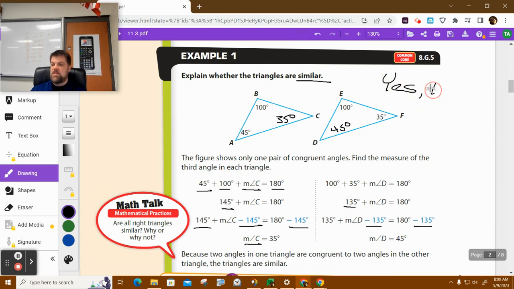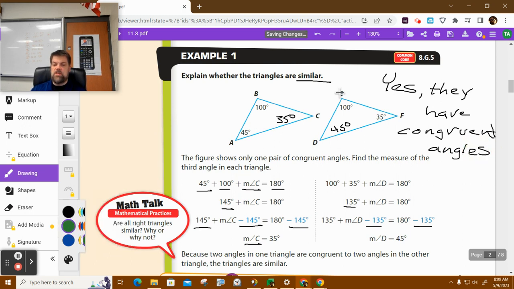Yes, they have congruent angles. Now, the side lengths might be different, but we've proved that they have congruent angles. In other words, this triangle has 100 degrees, this one has 100 degrees. This one has a 45, this one has a 45, this one has a 35, this one has a 35.